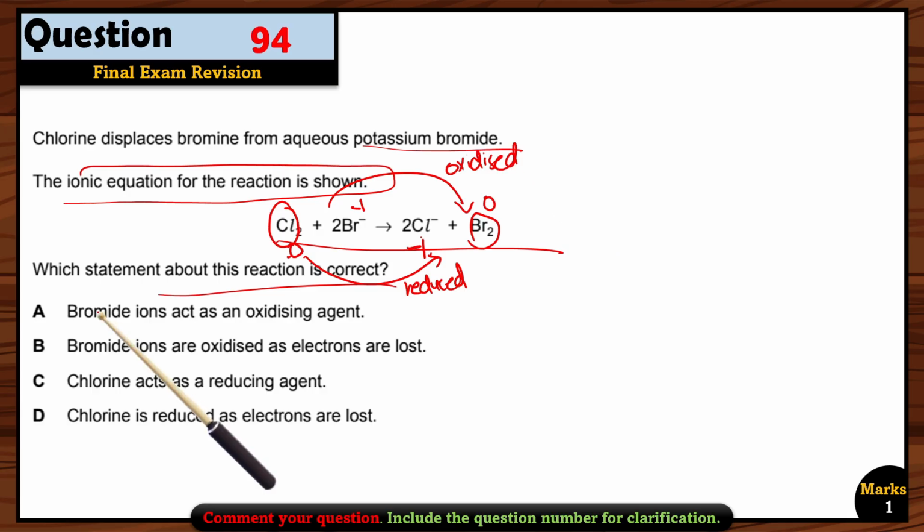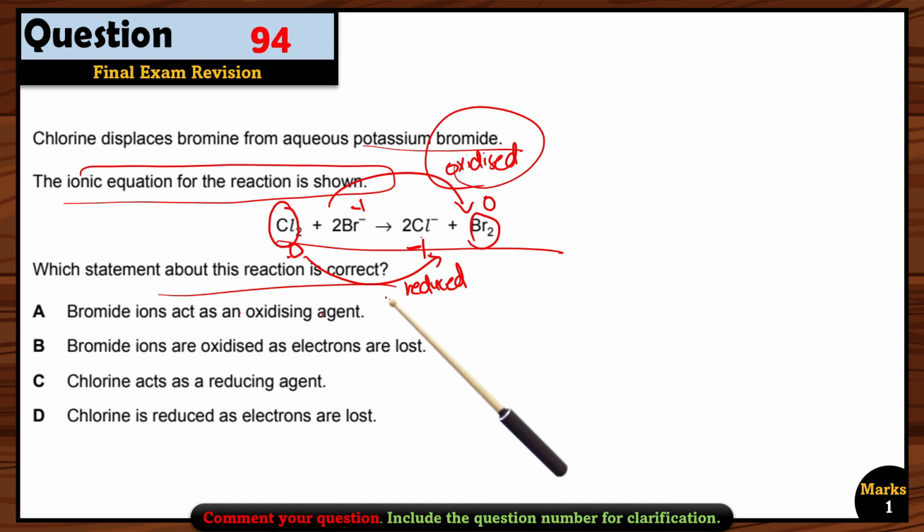So let's see now. Bromide ions act as an oxidizing agent. So what's happening to bromine? Bromine is oxidized. So the agent's job is different. It means bromine is actually the reducing agent now because it is reducing another substance, but itself it is oxidized. So the reducing agent is the one that is itself oxidized.